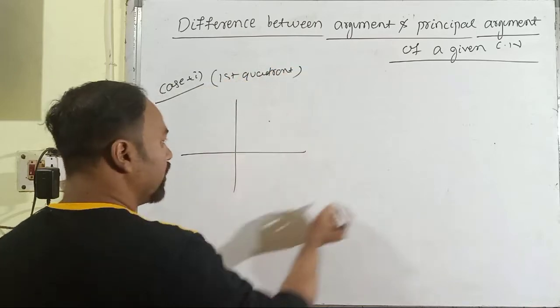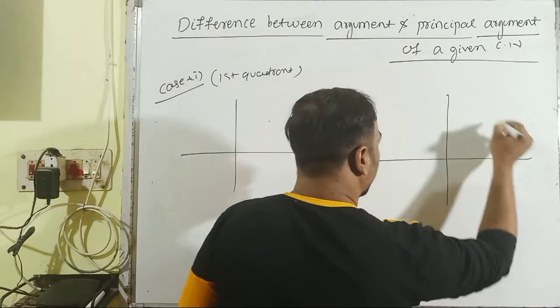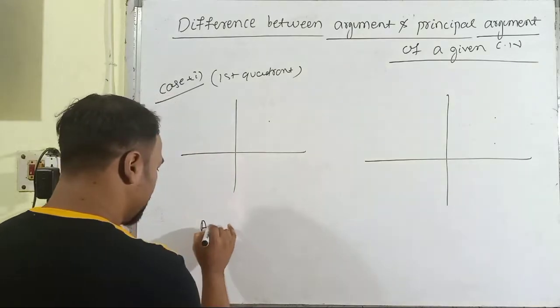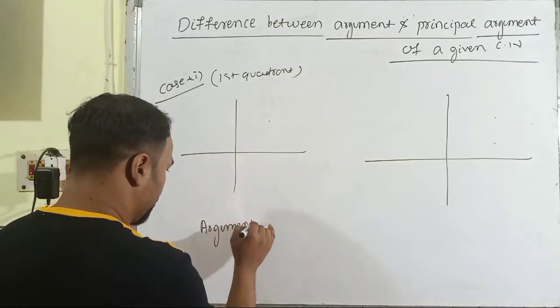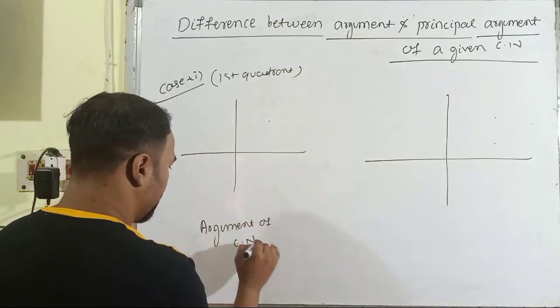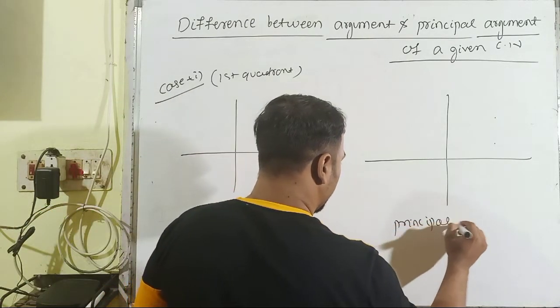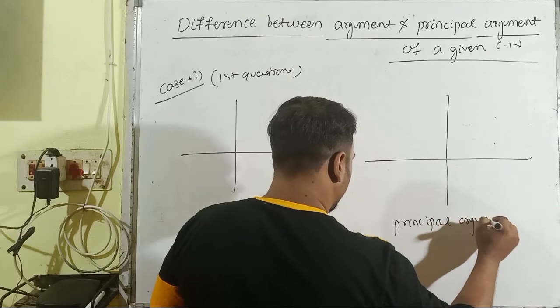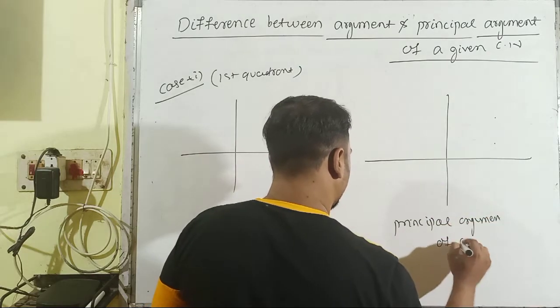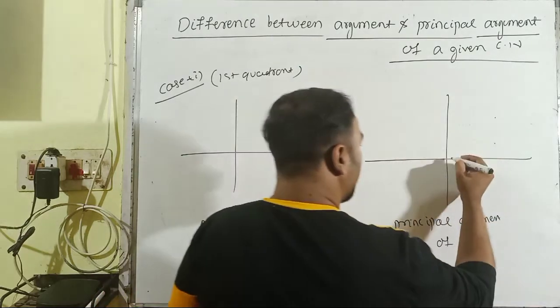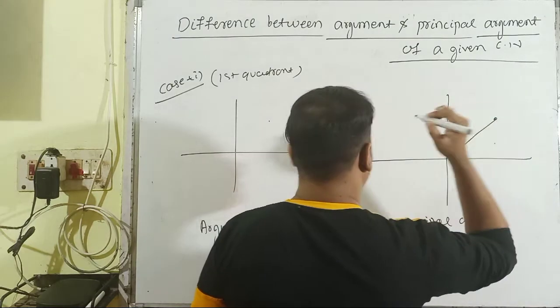That means the point will lie here. Here it is the argument of the complex number, and here it is the principal argument of the complex number, and here also the point lies in the first quadrant.